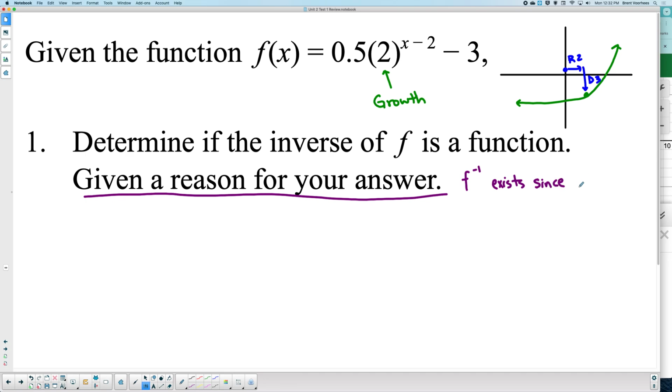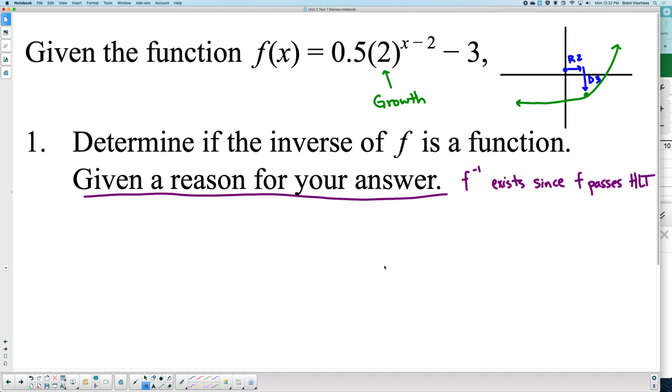Since f passes what test? The horizontal line test. Now that doesn't count for points. I'm just writing that down so I know what to write. Here's how you're going to write your answer. If it passes, it only passes because the graph is either always increasing or always decreasing. On this one, does the graph always increase or always decrease?